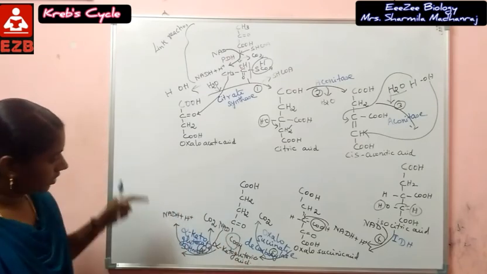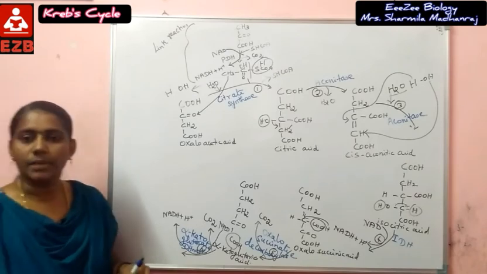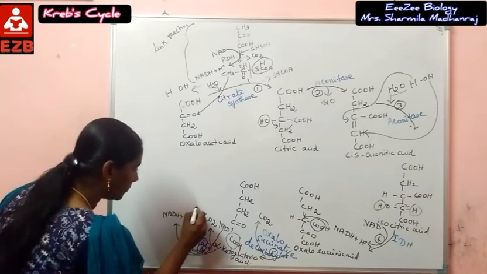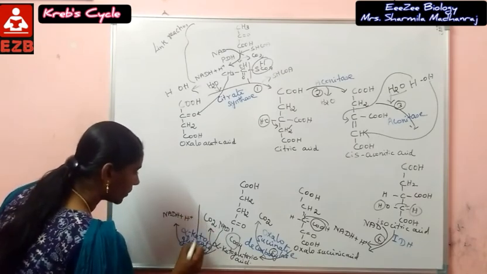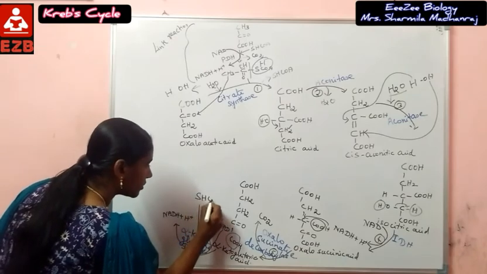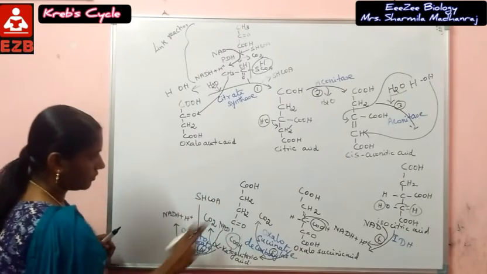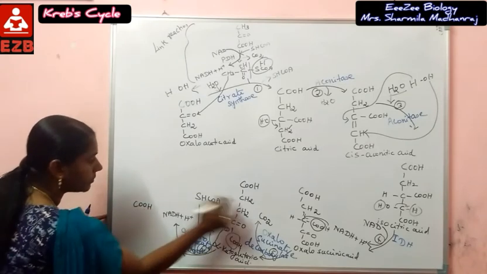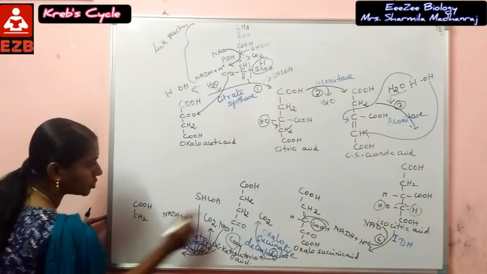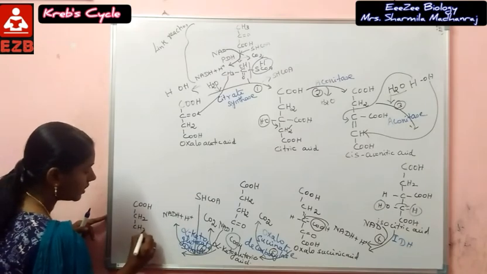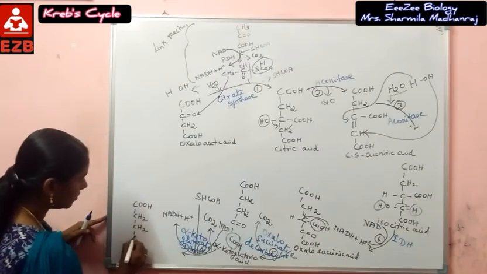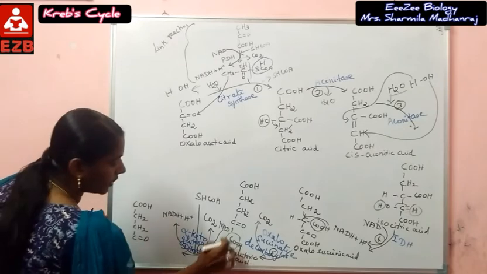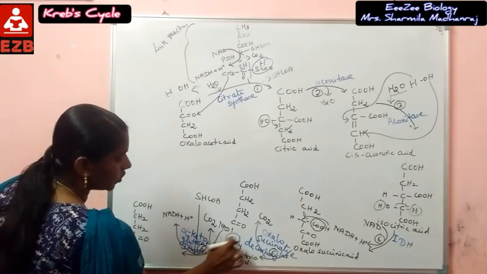and in this step, coenzyme A enters into this reaction. First product COOH, next CH2, C double bond O. From the carboxyl group, carbon dioxide is going out.